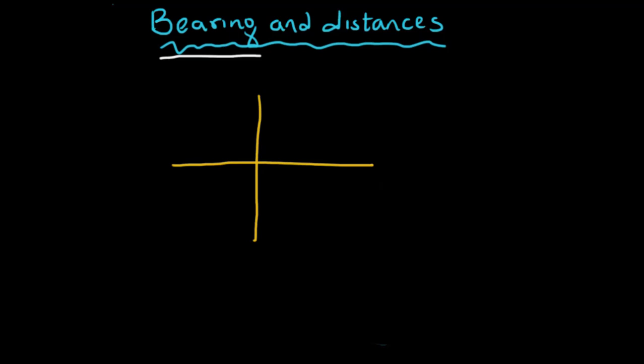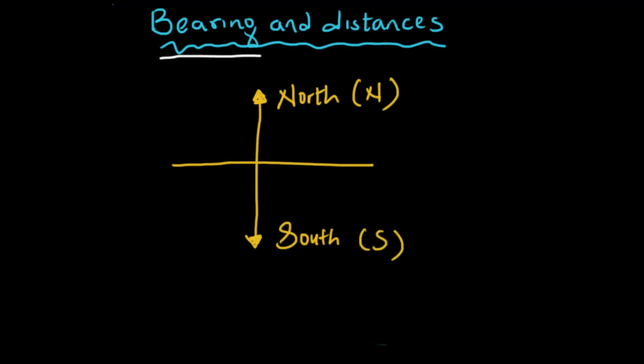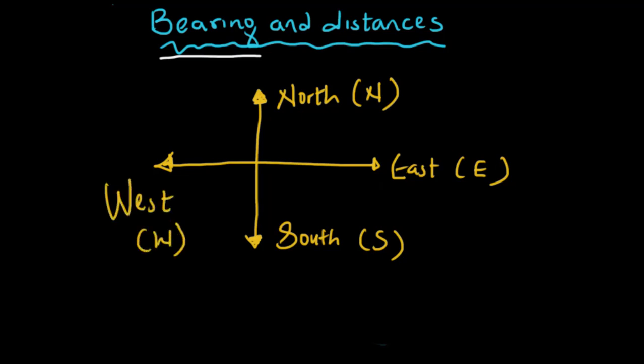The one that is pointing up, so to say, is north, and it's represented by N. The direction pointing down is south, represented by S. The direction pointing right is east, represented by E, and the direction pointing left is west, represented by W. Now, the sun rises in the east, and then it sets in the west.